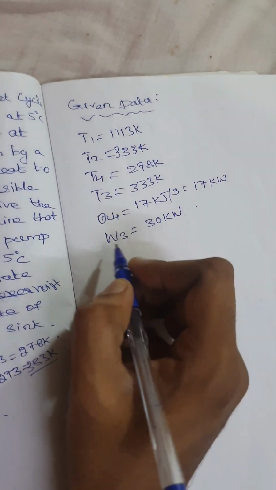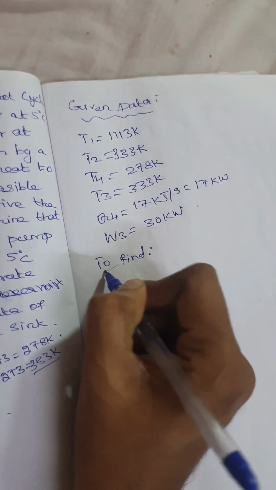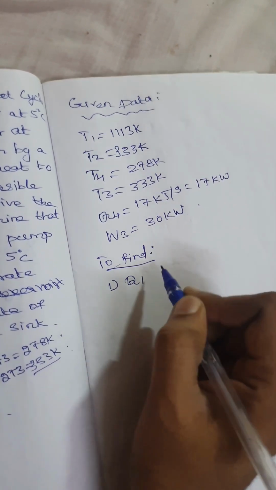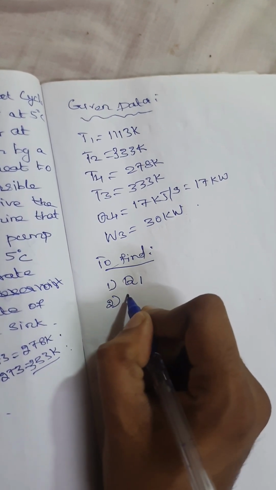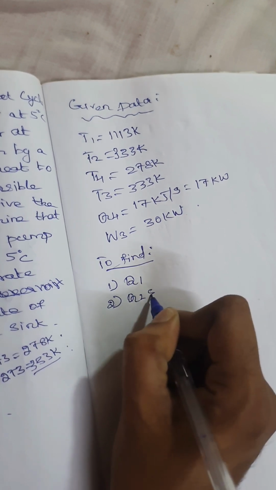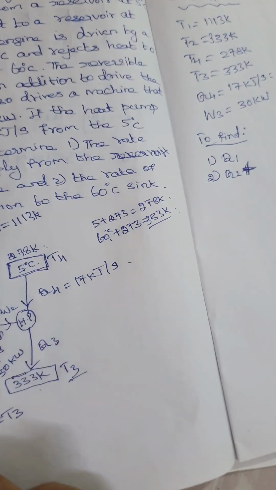Now what you have to find out: first one is the heat supply Q1, and the combination of heat rejection, that means Q2 plus Q3.